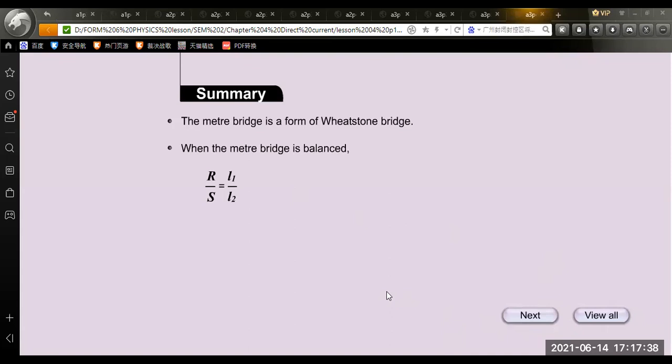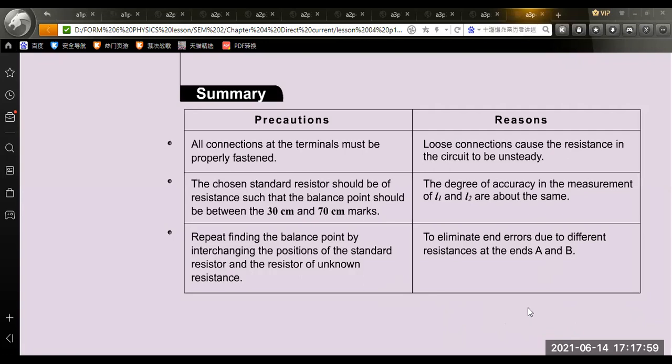This means that R over S, the resistance of R over the resistance of S, equals L1 over L2, the length of the left side of the wire over the length of the right side. And we have 3 precautions in the experiment.